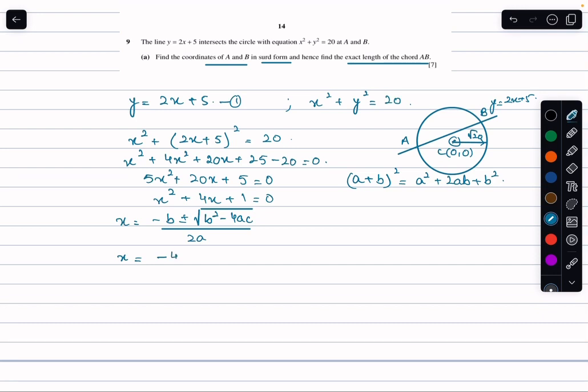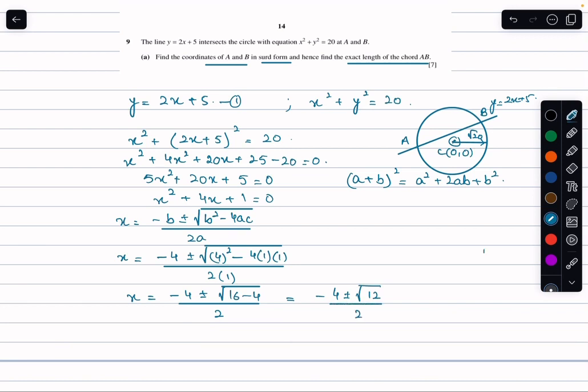So it's negative 4 plus minus under root 4 the whole square minus 4 into 1, divided by 2 times 1. Solving it further, this becomes negative 4 plus minus under root 16 minus 4, divided by 2, or negative 4 plus minus under root 12 divided by 2.